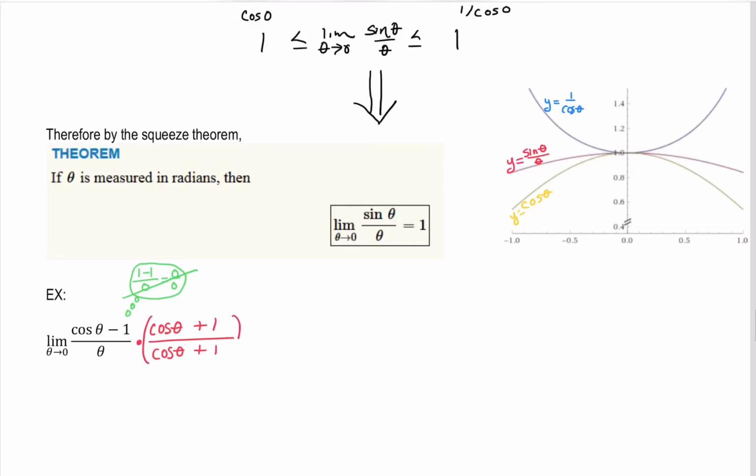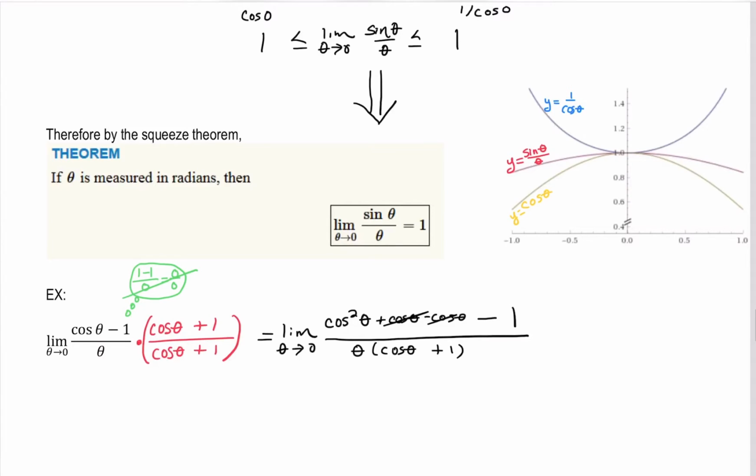When you multiply that out in the numerator, cosine theta times cosine theta is cosine squared theta, and I would hope you wouldn't need to write out that your plus cosine theta and minus cosine theta are gone. Then you just have minus 1. That's in our numerator, and of course we have theta times the quantity cosine theta plus 1 in the denominator.